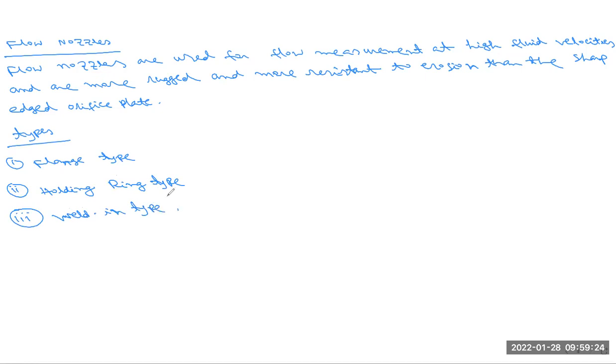So more or less these three types we use as the flow nozzle method in our process control industry. And another one is throat type. Okay. So these are the basic types of the flow nozzle method of the different flow measurement methods: flange type, holding ring type, welding type, and throat type of flow nozzles. Okay, so these are also basically used for different materials as per your requirements. Also, you have to use cast iron or steel for making the flow nozzle.